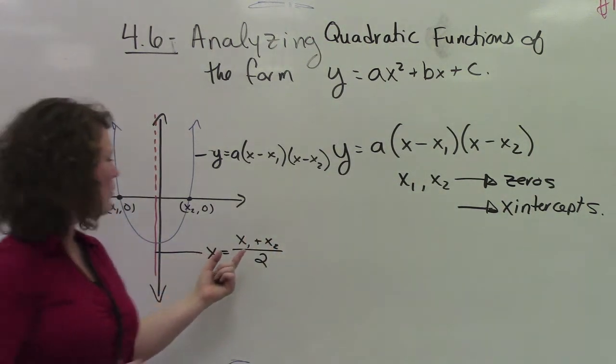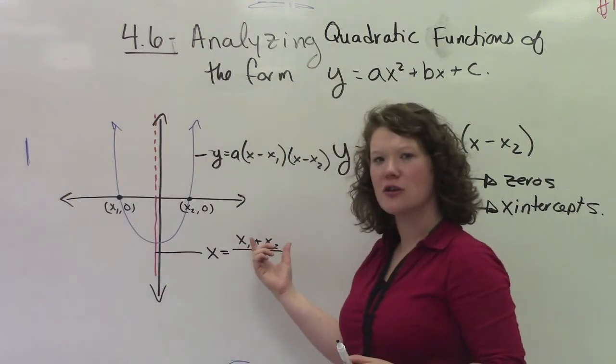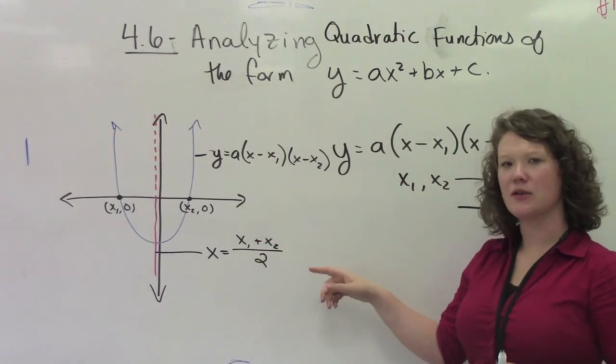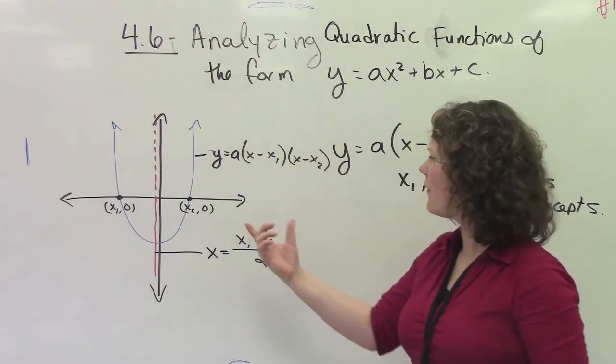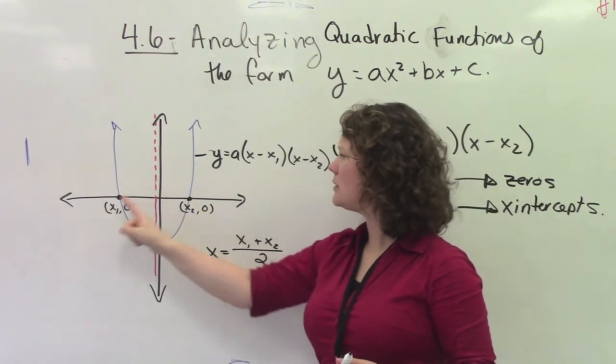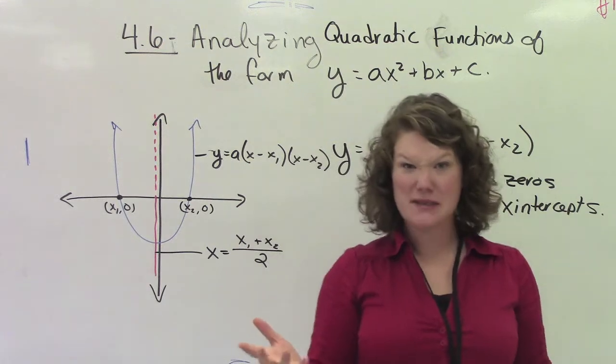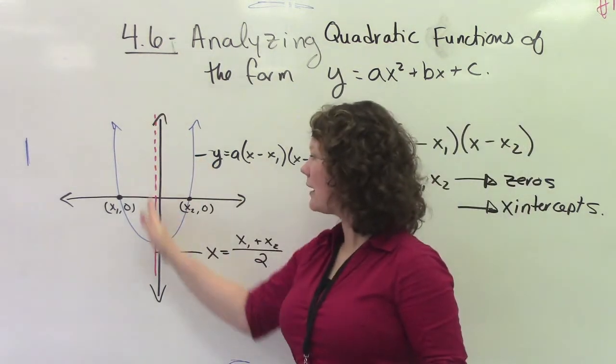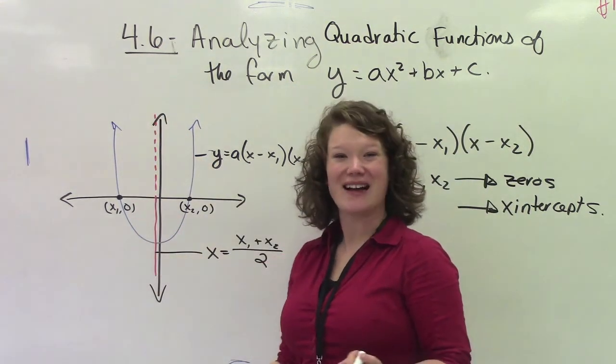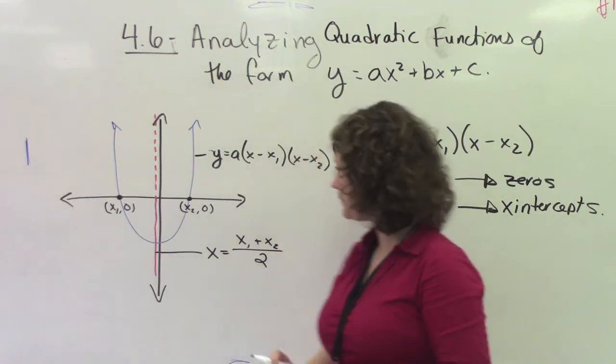What are we doing? We're finding the average of x1 and x2. What's another way of saying it? We're finding the midpoint between the first root and the second root. Why does that make sense? Well, that's where the mirror line is. That's where the axis of symmetry is.